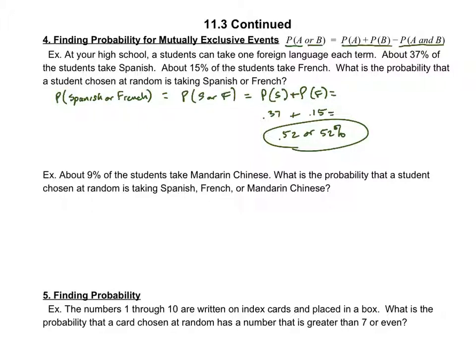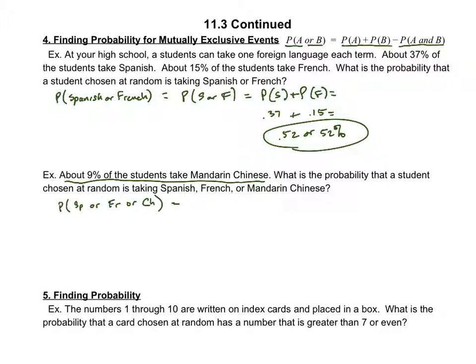Now, this next scenario, so about 9% of the students will take Chinese. What is the probability that a student chosen at random is taking Spanish, French, or Mandarin Chinese? Well, we again have ors, so we have the probability of Spanish or French or Chinese, and that is the probability of those added together.